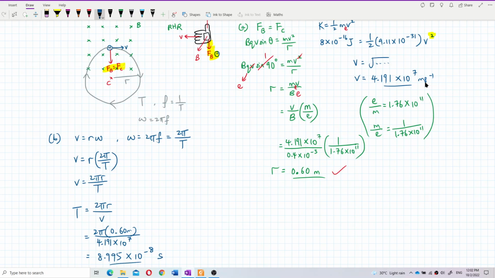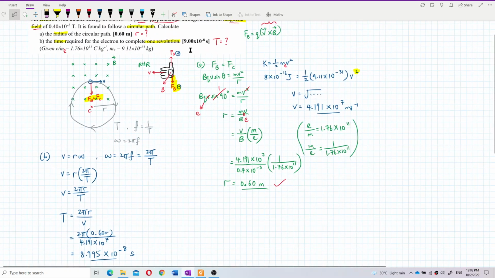Or 9 exponent negative 8 also can. Is the answer correct? Yes, 9 exponent negative 8 is close to 8.995. That's the answer.